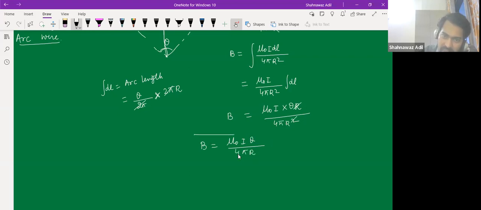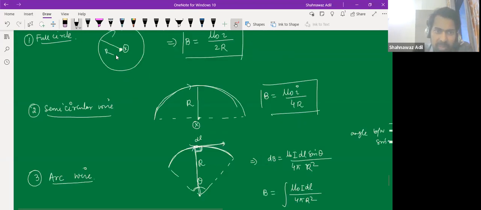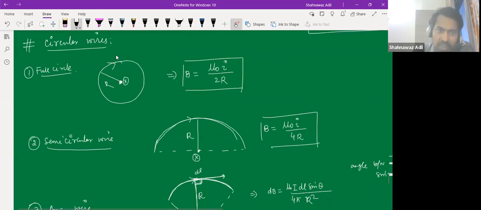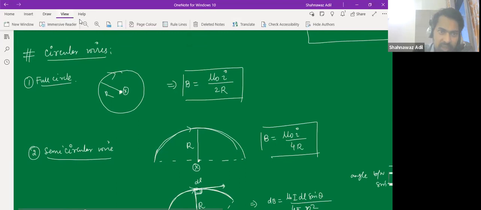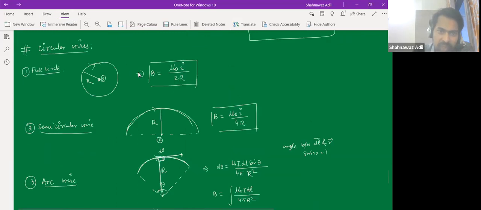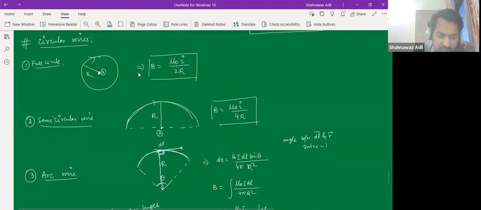That is the magnetic field of an arc, right? So this is the wire, and these are all circular wires. So you guys please note it down, and I will directly write down the other results: solenoid, toroid, and thick wire.